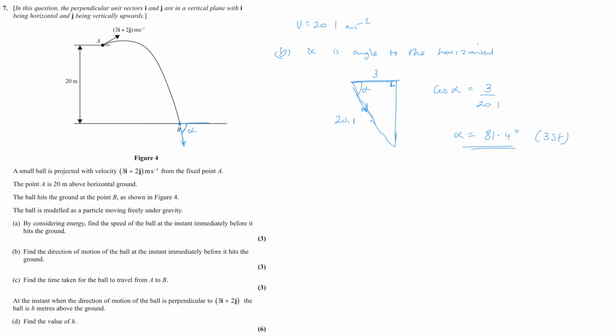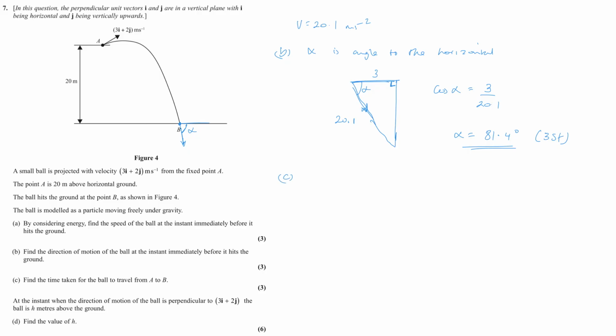I'll do this, so 81.4. Okay, so that's just finding the angle, and the horizontal speed is going to remain constant. It's not affected by gravity, and there's no air resistance in this question.